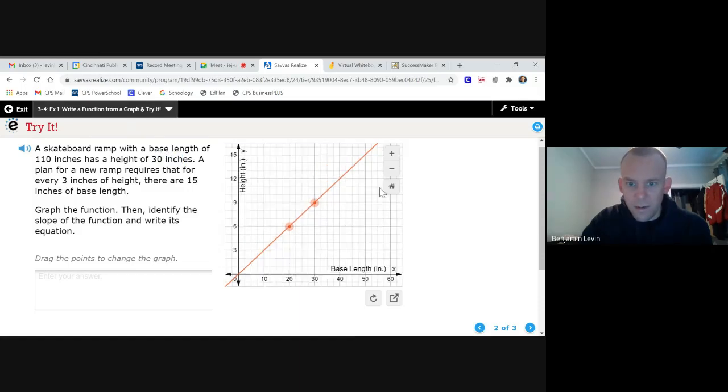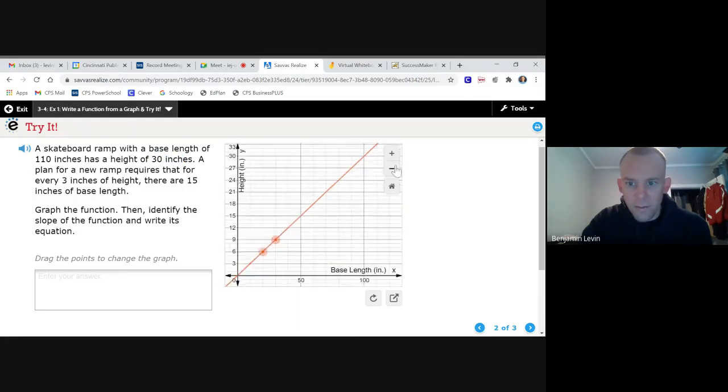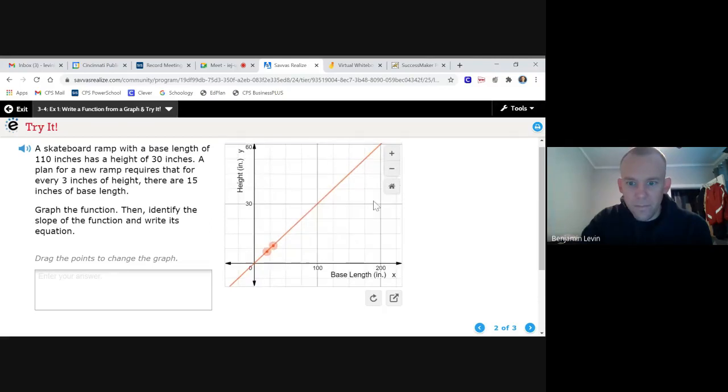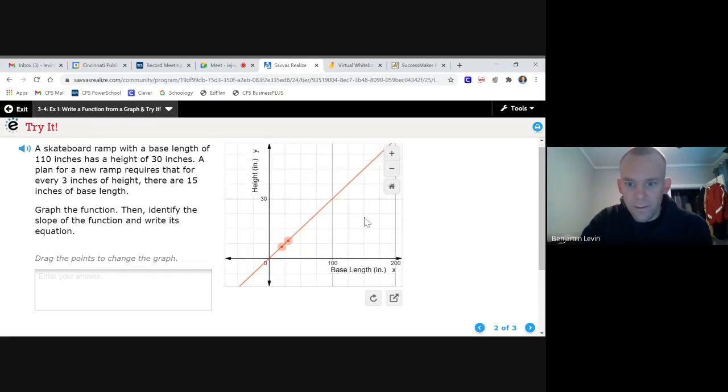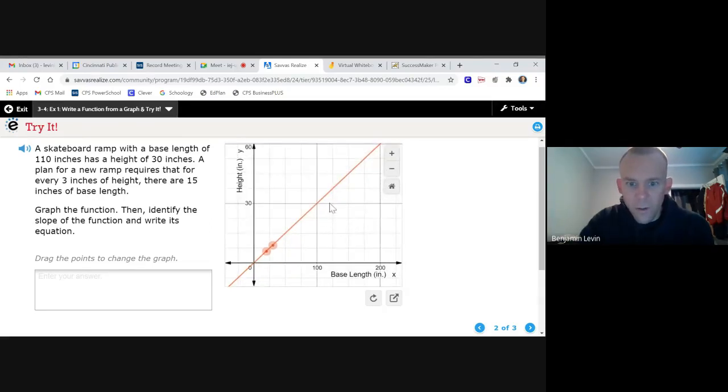Maybe we need to zoom out a little bit. Okay, here we go. Maybe this will work. Okay, so we can put a point right here. This looks like about 110, 30, right? There's a point. All right, 30 inches high and 110 inches long. Our coordinates would be 110 comma 30, right?